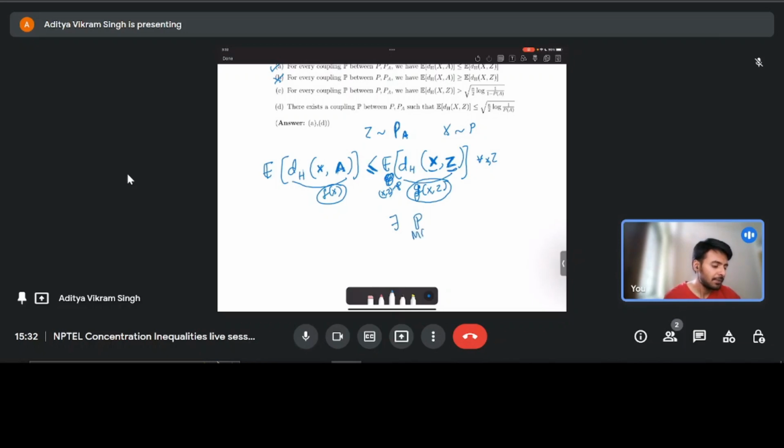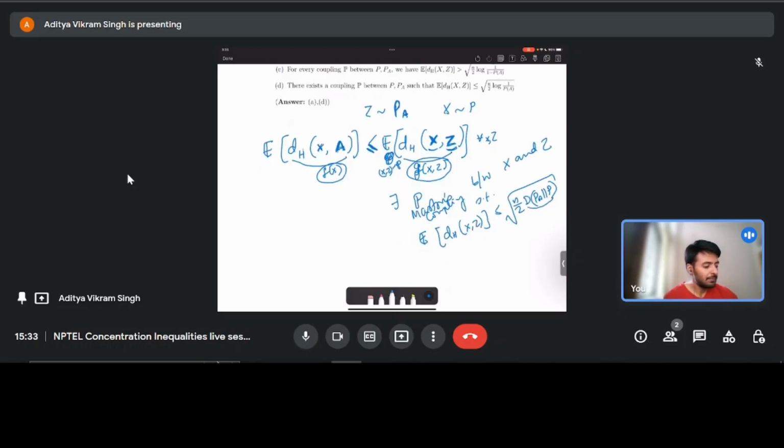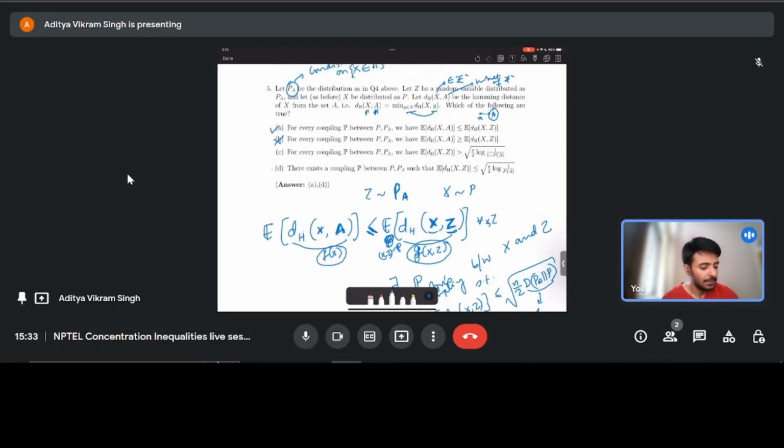And this would be the Martin's coupling between x and z such that the expected Hamming distance between x and z is less than equal to square root of n by 2 Kerr divergence between PA and P. Okay. And we know that the Kerr divergence between PA and P is log 1 by PA. This was what we derived in the last question. So D is correct and C is incorrect.